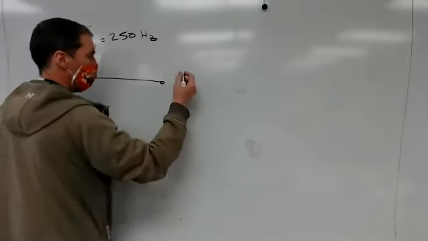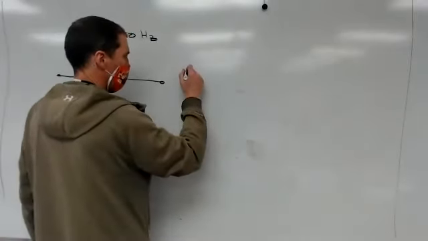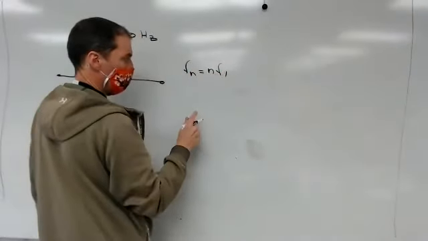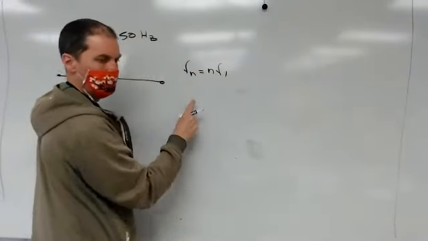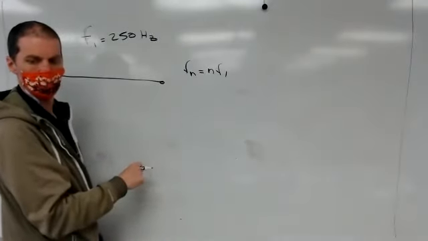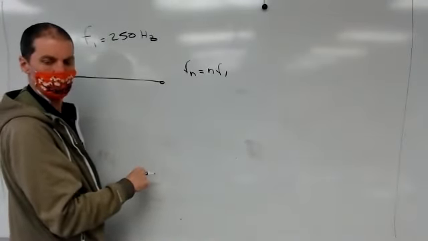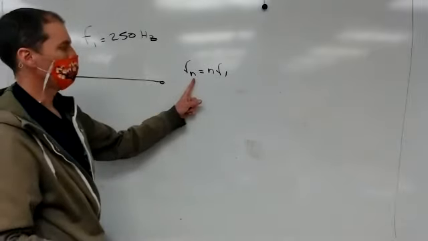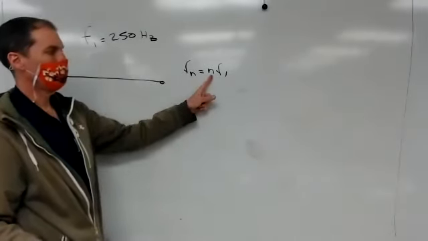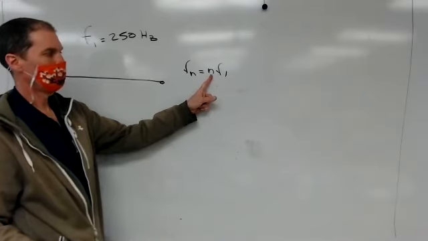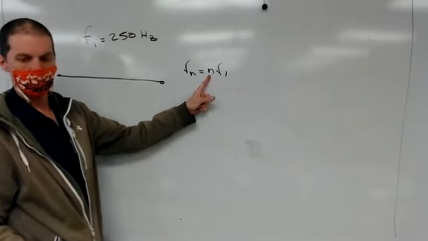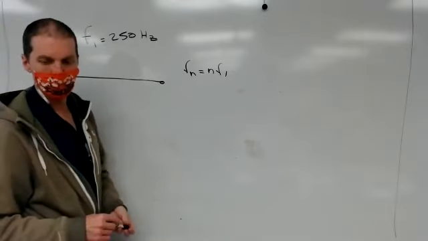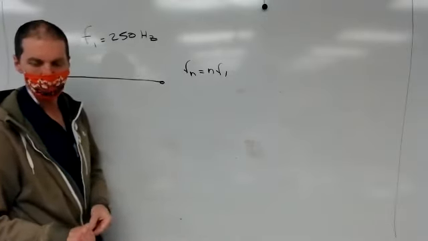So the formula for harmonics on a guitar string is Fn equals n times F1. So what's the third one going to be? That's what I don't really understand. If I put a 3 here, what's this number? So 3 times 250. Yes, that's it. Okay. Thank you. You bet.